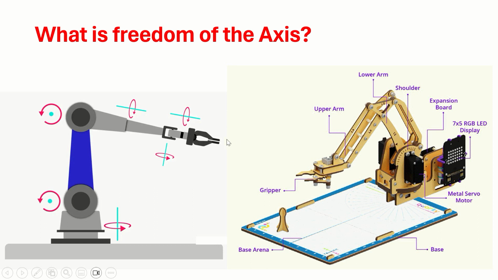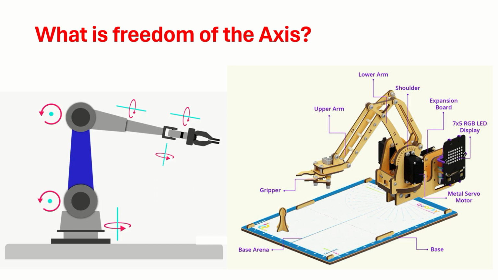You have to realize this freedom by making appropriate joints with either metal sheets, plastic sheets, or some fiber, depending on the amount of load which you would like to lift.